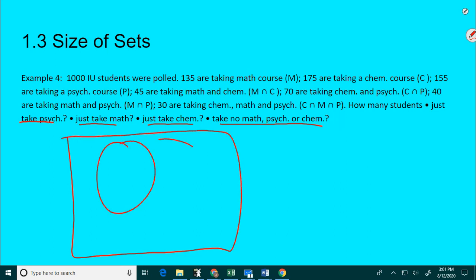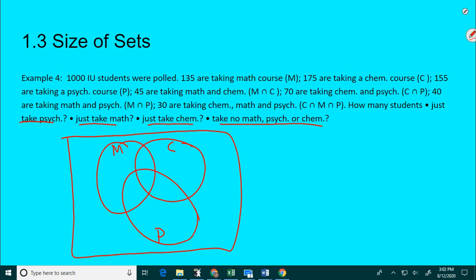So 3 groups. And it doesn't matter which you put where. I just go in order here. So I'll put math up here, then chemistry, and then psych. So remember what I said earlier, always start in the very, very middle if we can. If you can't, it's a lot harder.